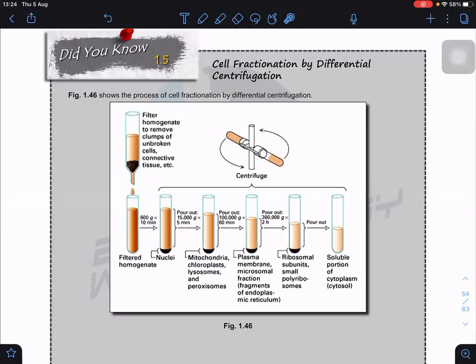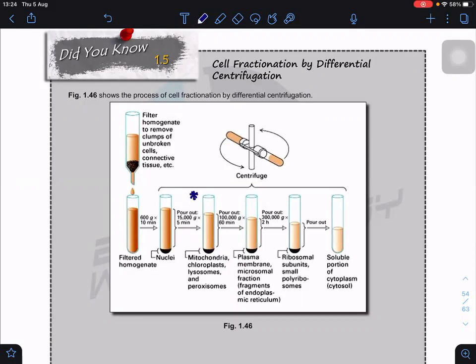Are you clear? Okay, it depends. This pellet we call pellet 2. But most of the time, you have to be careful, because plant cells don't have lysosomes. So they only have mitochondria and chloroplast. Pellet 2, very, very important, guys. You have to be careful whether the sample is a plant sample or an animal sample.